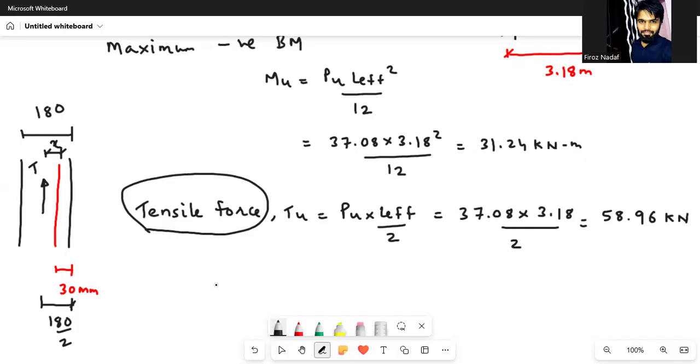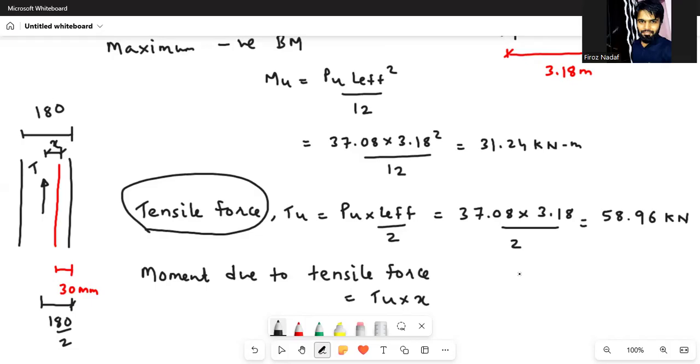Okay, so I will write here the moment due to tensile force. This is equal to Tu into x. What is x? Here I have shown you. This distance is x.